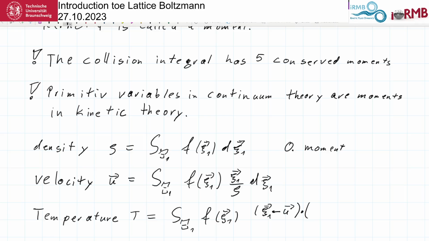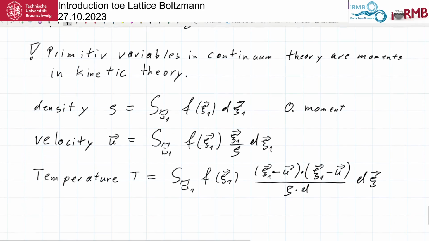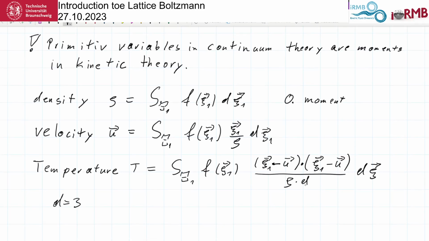So we take the macroscopic velocity out and put ourselves in the moving frame of reference, and take the square of this vector by taking the scalar product with itself, and we divide by rho and the number of dimensions. So d is equal to 3, the number of dimensions.